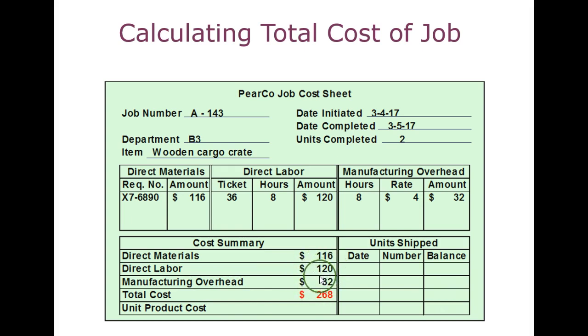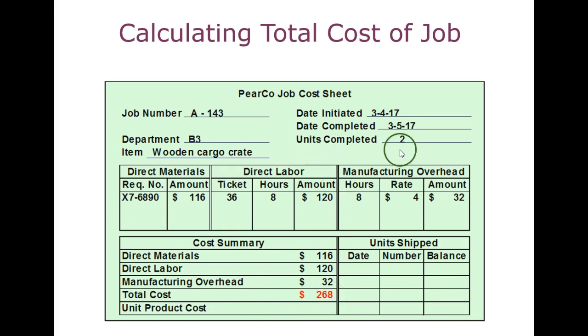So make sure you have 3 separate costs here. Direct materials, they're sort of there by themselves. Direct labor, these are the labor cost of the workers. And then we use direct labor hours to now attach to this job an amount for manufacturing overhead. Add them all together. Our total cost for this job is $268.